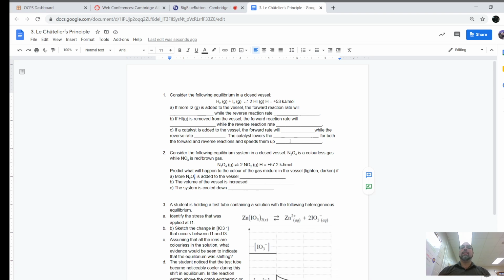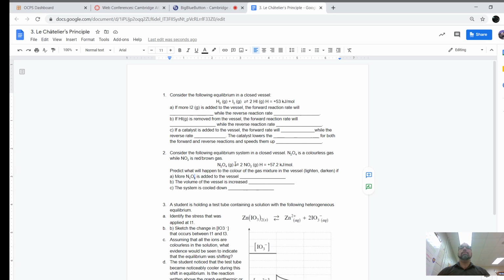The next is the volume of the vessel increases. So you want to imagine that you have a closed vessel, and then you increase the volume. When you increase the volume, the pressure is naturally going to decrease. Therefore, if the pressure decreases, it's going to favor the side that has more moles. It's trying to keep that same amount of pressure in equilibrium.